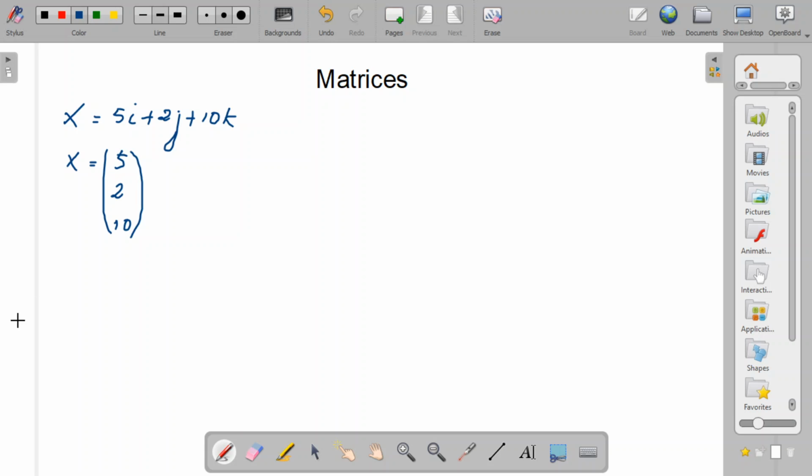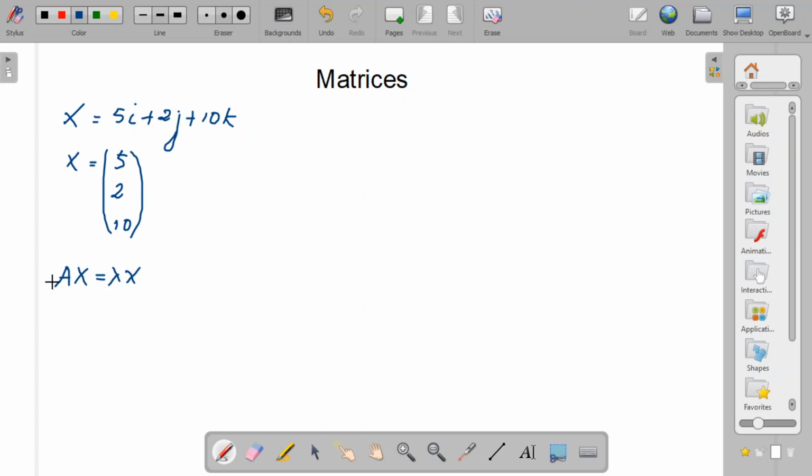Now suppose I have a matrix or an operator. I say that an operator is basically a matrix, but say I have an operator, say A, which is again a matrix. And when this operator operates on x, we get again x, but that x is multiplied by a scalar, say lambda.